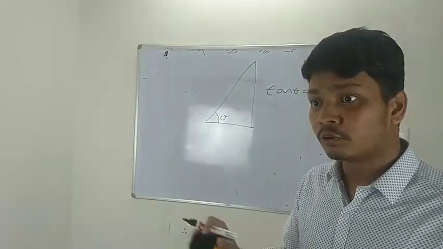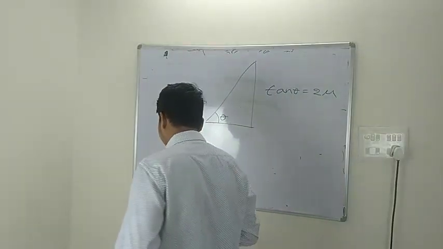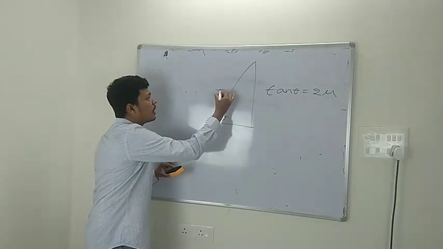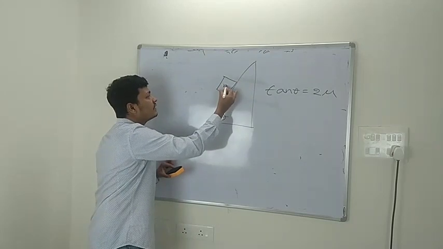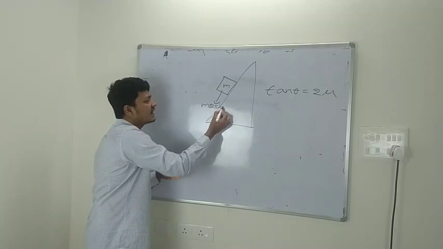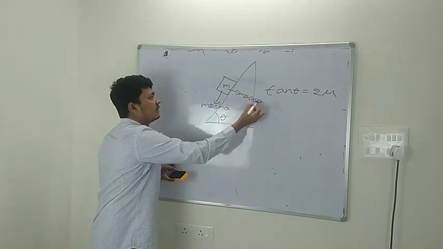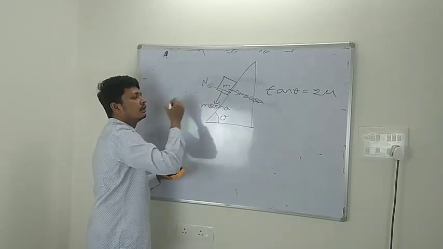So the minimum force required to start pushing a body up a rough plane. When a block of mass m is present here, mg sin theta is acting downward, and here mg cos theta is the normal force.